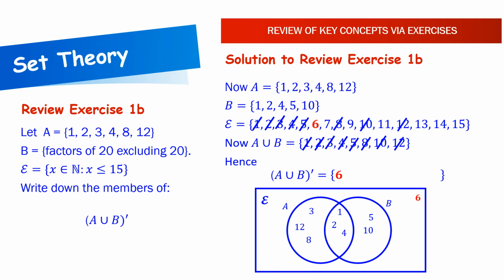And what's left is 6, 7, 9, 11, 13, 14 and 15. And so the set of numbers A union B complement is equal to 6, 7, 9, 11, 13, 14 and 15 as shown.